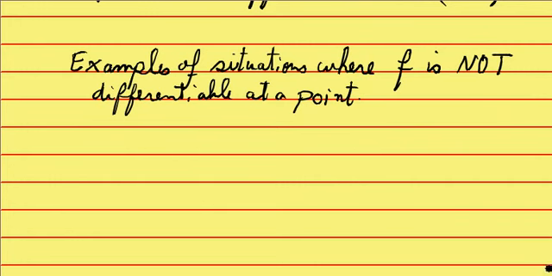First, on a graph, it's going to be easier to see what might go wrong, and then we go ahead and look at some formulas as well. So here, let me draw some pictures of functions that fail to be differentiable at a given point.